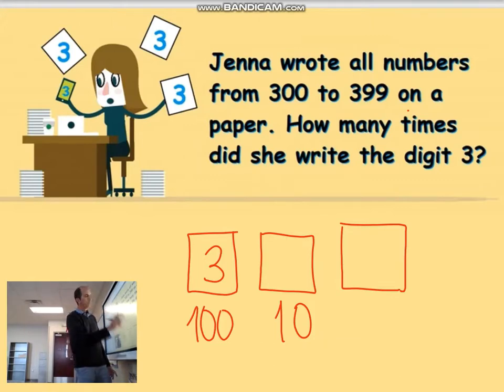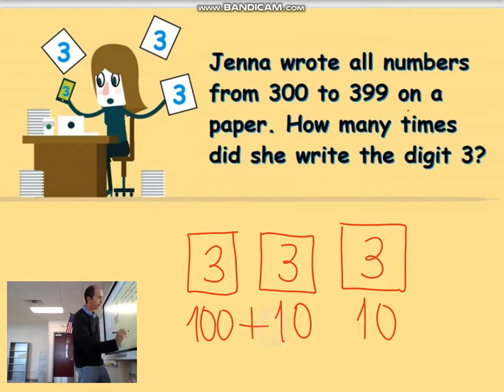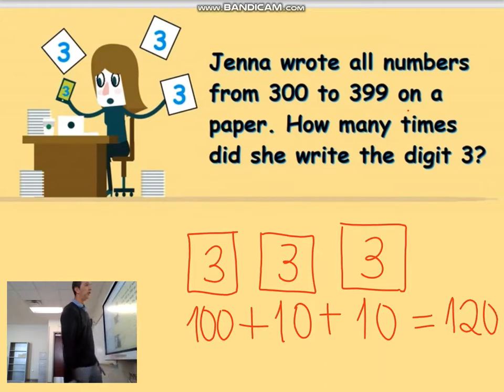Now on the ones you have 303, 313, 323, and each 10 units, we will have a repetition of 3, so we will have 10 more. The answer is going to be 100 plus 10 plus 10. In total, we will have 120 digits 3 on the paper that Jenna wrote.